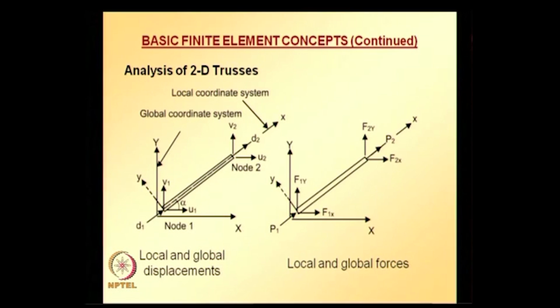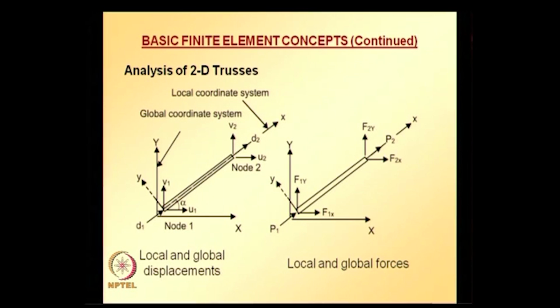So these are the forces and displacements. Since the element is based on the axial deformation equations that were derived earlier, the same sign convention will be followed here, that is a tensile force is assumed to be positive and a compressive force is assumed to be negative.